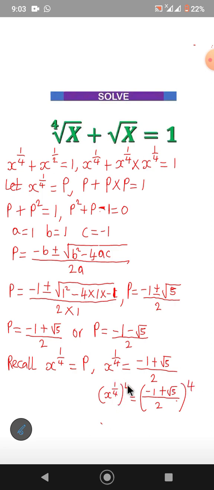Now, power will multiply power here, so 1/4 multiplied by 4 gives 1. Therefore, x is equal to minus 1 plus root 5 all over 2, everything raised to the power of 4. So this is the final solution to this particular equation.